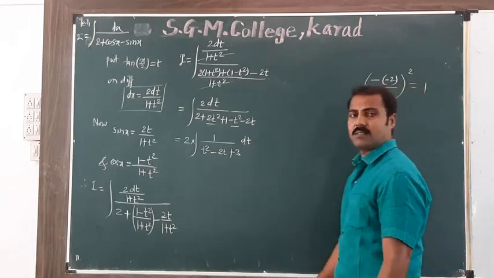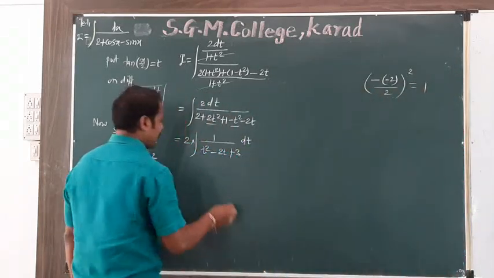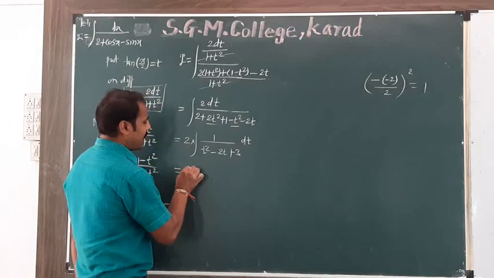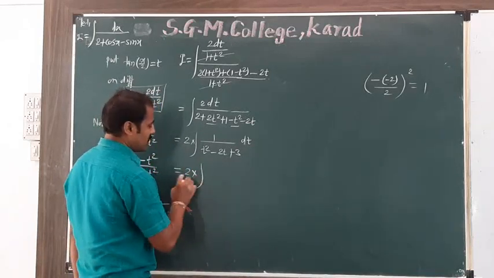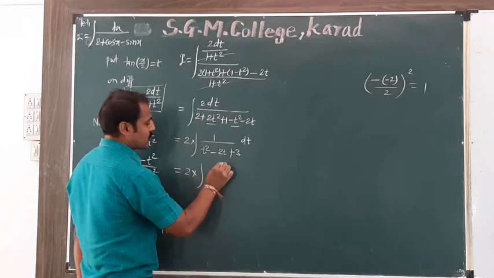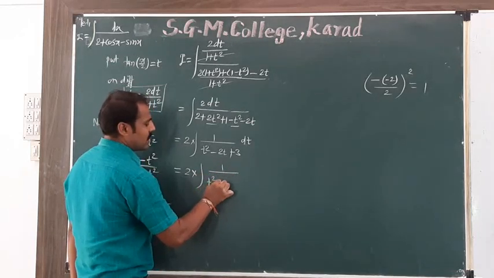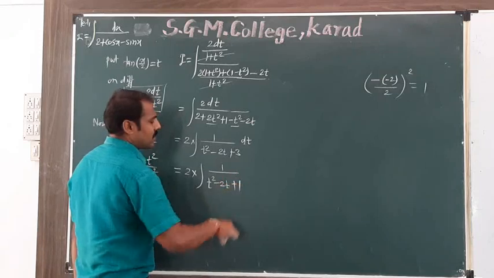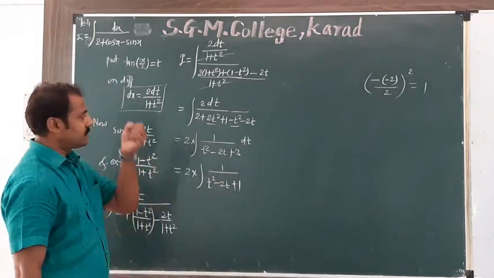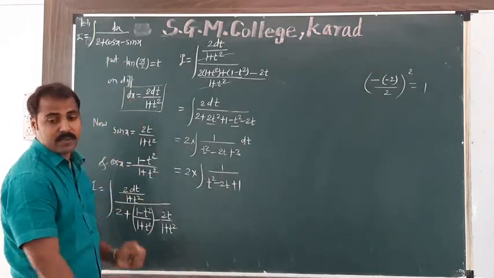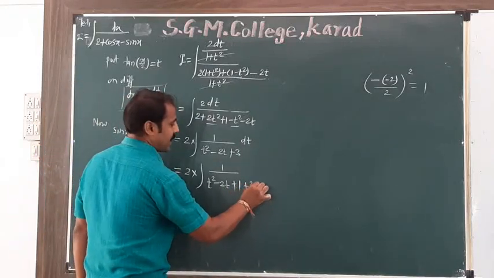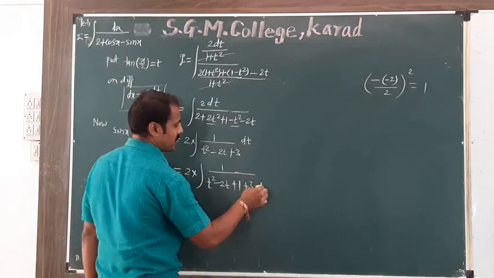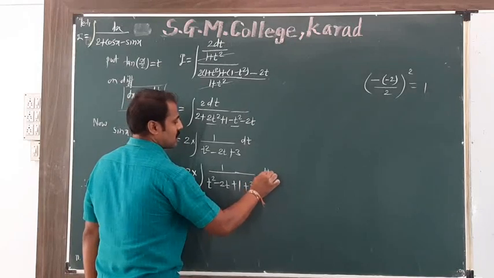So adding 1 and subtracting 1. Adding 1 at the third place. So the integration I is equal to 2 into integration of 1 upon t square minus 2t plus 1, plus 3, and subtracting 1 at the fifth place, dt.